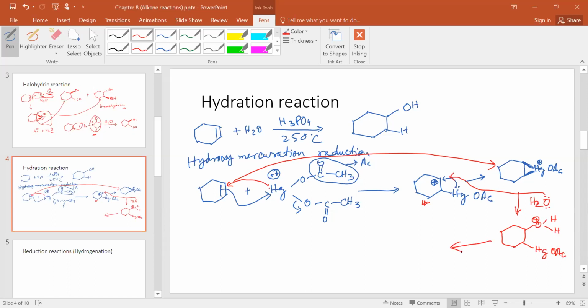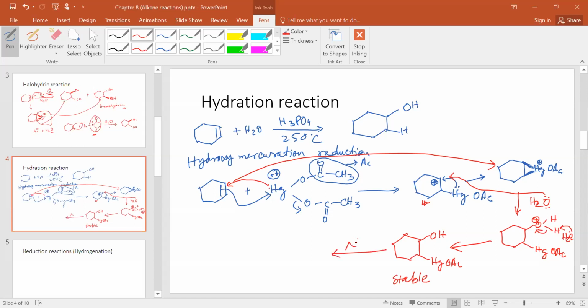And then another water molecule will take this proton and it will be OH. And here you will have HgOAC. This is very stable. Even in many cases we can isolate it and take NMR to characterize it.